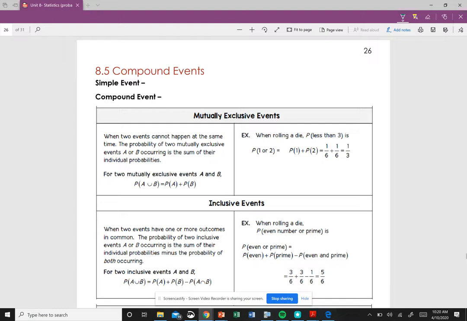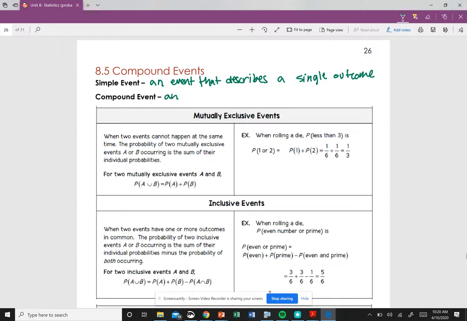All right, so first off, a simple event is just a single outcome. So an event that describes a single or one outcome. So only one thing's going on. A compound event is when more than one thing is going on.